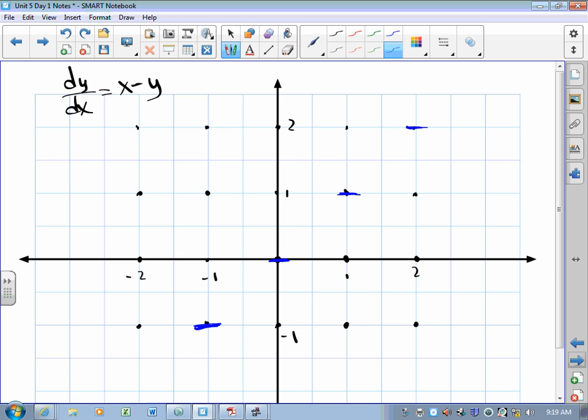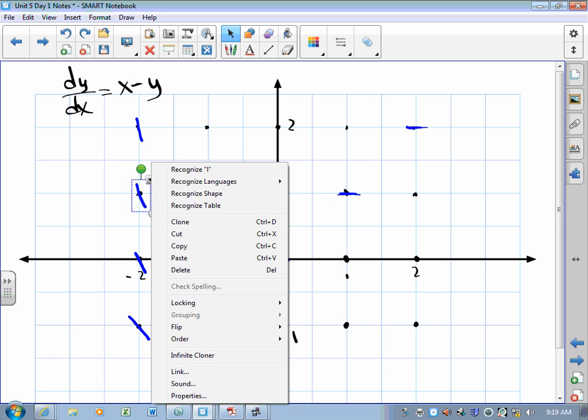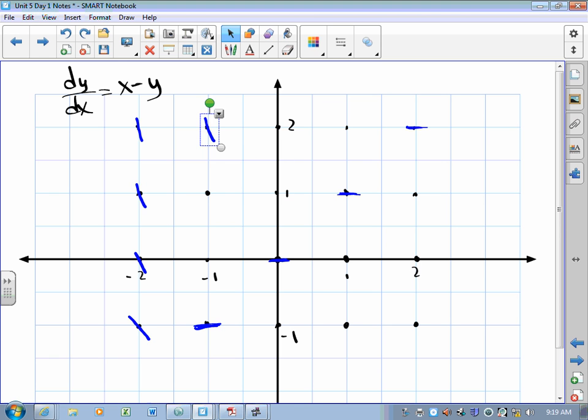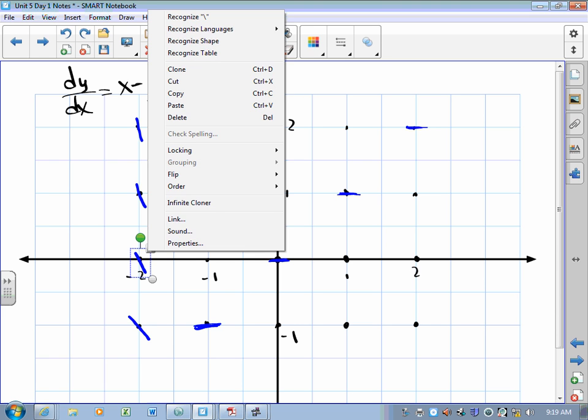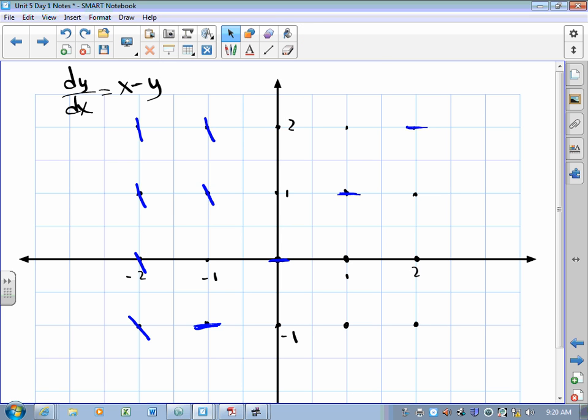Negative 2 minus 2 is negative 4. Negative 2 minus 1 is negative 3. Negative 2 minus 0 is negative 2. And negative 2 minus negative 1 is negative 1. Negative 1 minus 2, that's the negative 3 from here. Negative 1 minus 1, that's the negative 2. Negative 1 minus 0, that's this negative 1.